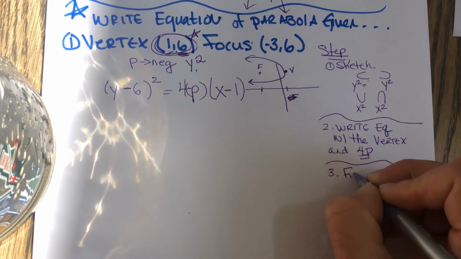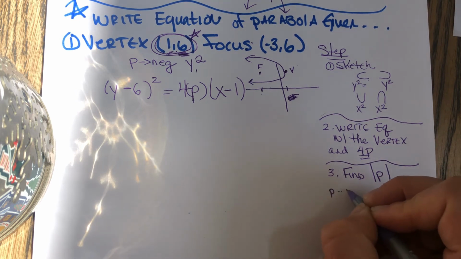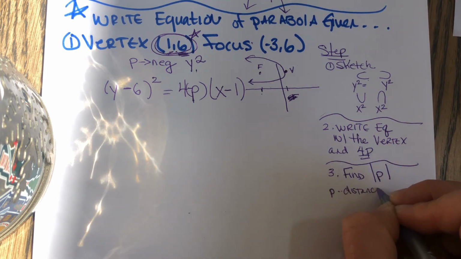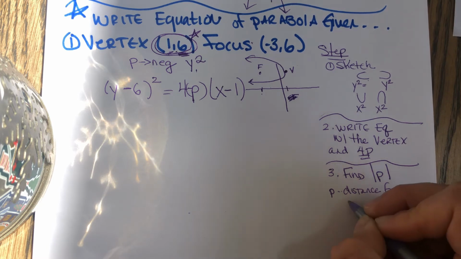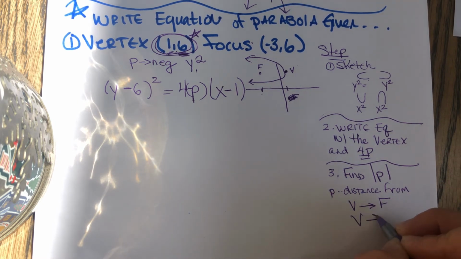Okay, then step 3. You want to find your absolute value of p. Remember, p is the distance from, we can say, vertex to focus in this case, or vertex to directrix. And let's just write it's always positive.